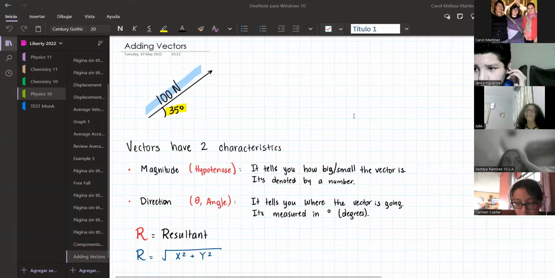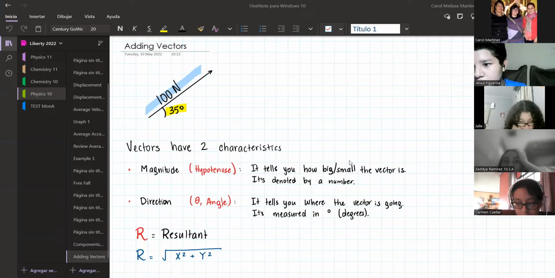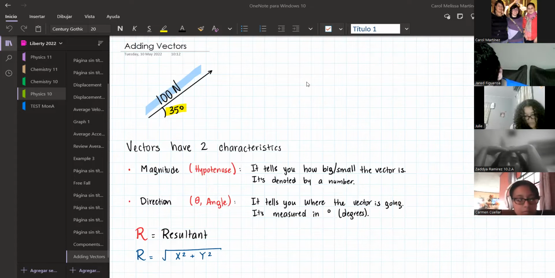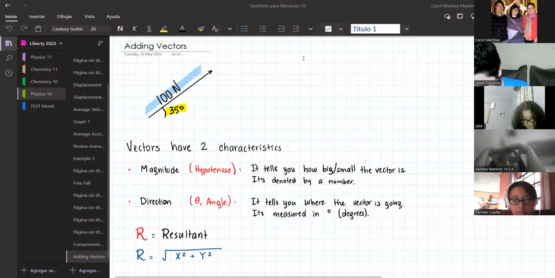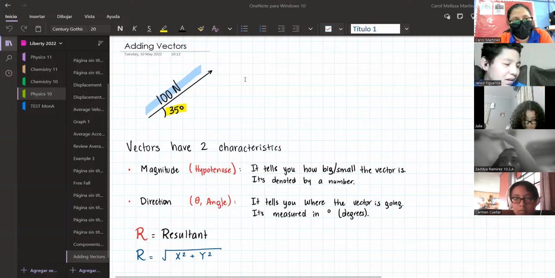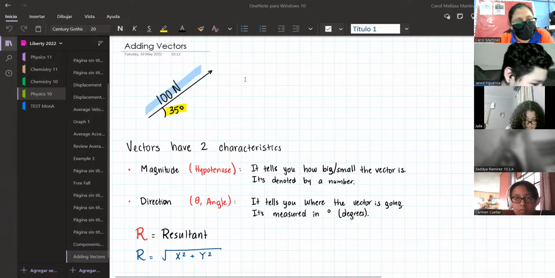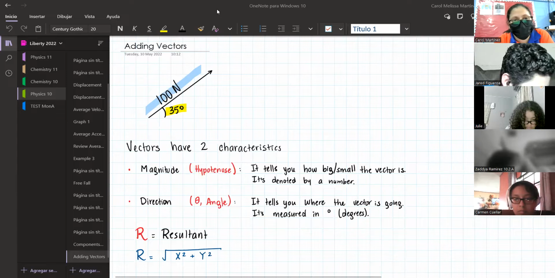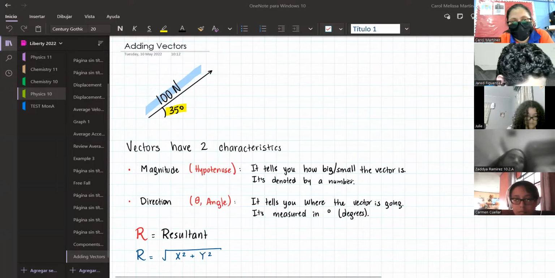The angle tells you where the vector is going. So magnitude tells you how big or small the vector is, and the direction is denoted by the angle that is given in the vector.